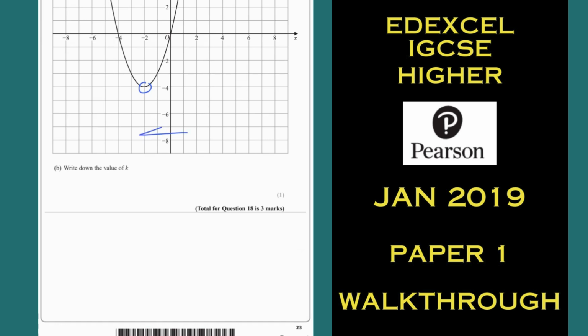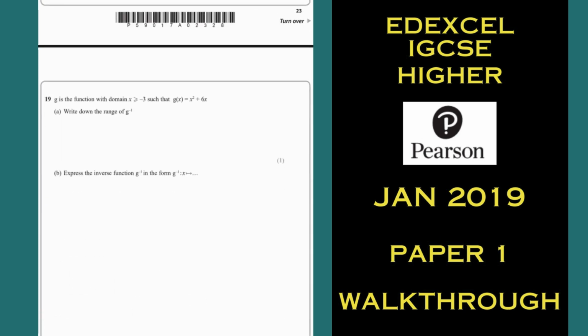In other words, it's moved left 3. So when it says find the value of k, that means if you've moved it left 3, it'll be x plus k. So you can simply say that k is 3. Because horizontally, the translation is always the opposite way round to what you expect.